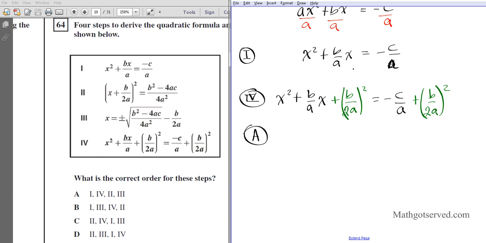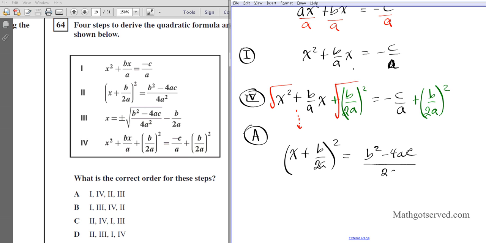So let me just finish up the completing the square process here to derive the quadratic formula. If you want to finish this off, you root the first and the last term, bring down the middle sign, and that's going to yield x plus b over 2a, squared. And then when you find the LCD here and combine these two together, you're going to have b squared minus 4ac. I'm skipping all the steps because this question is not asking for this. I'm just showing you how it works.